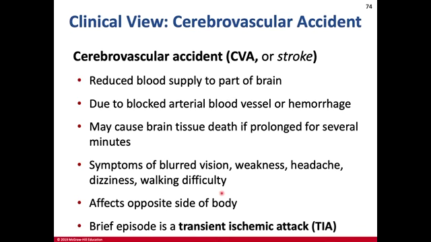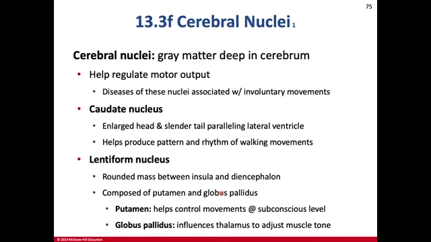Symptoms of blurred vision, weakness, headache, dizziness, and problems walking can result, and it will always affect the opposite side of the body where the damage took place. A brief episode is called a TIA, where you have a very short-lived reduction in blood flow, and it can present as trembling, loss of muscle control, loss of sensation, but it usually resolves. It usually comes back, okay?